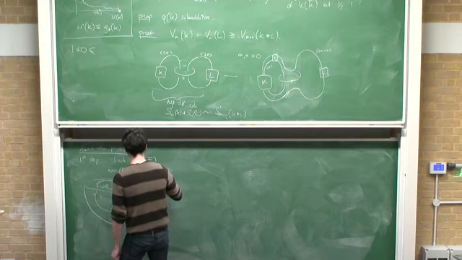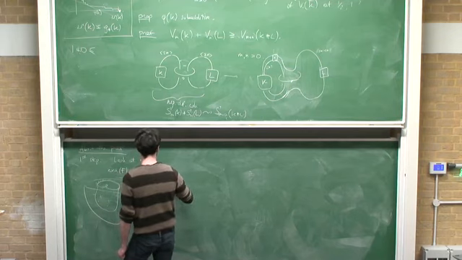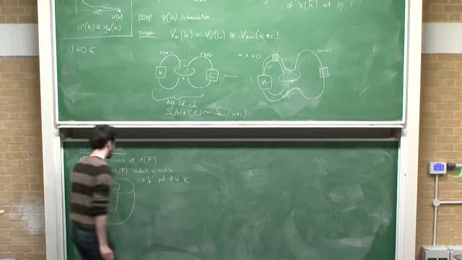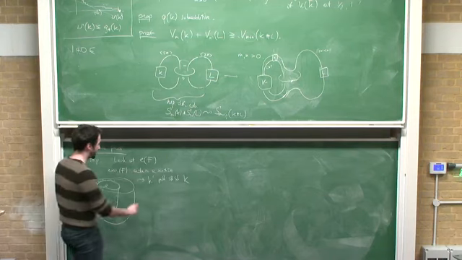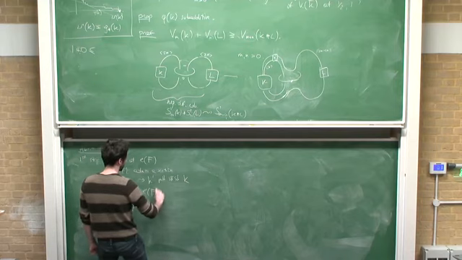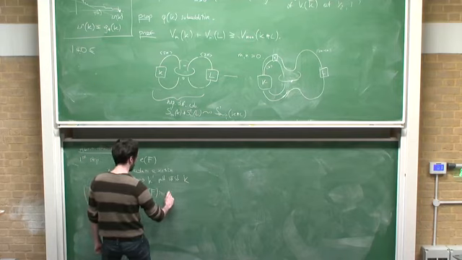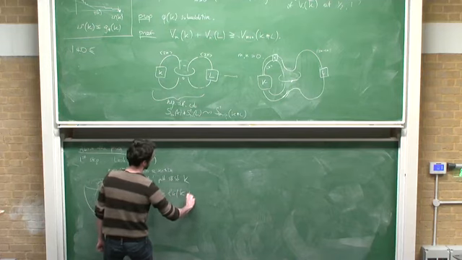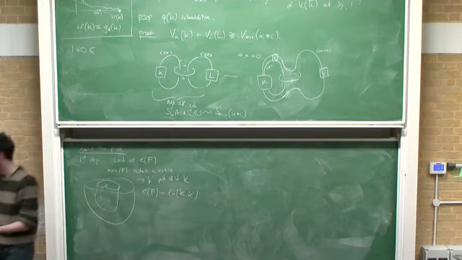So you get a push off of K, and you can measure the linking number of K prime and K. So the Euler number is the linking number between K and this push off.